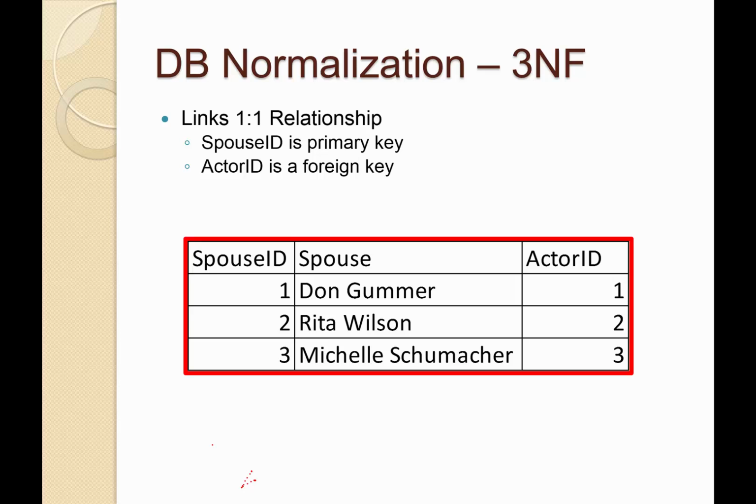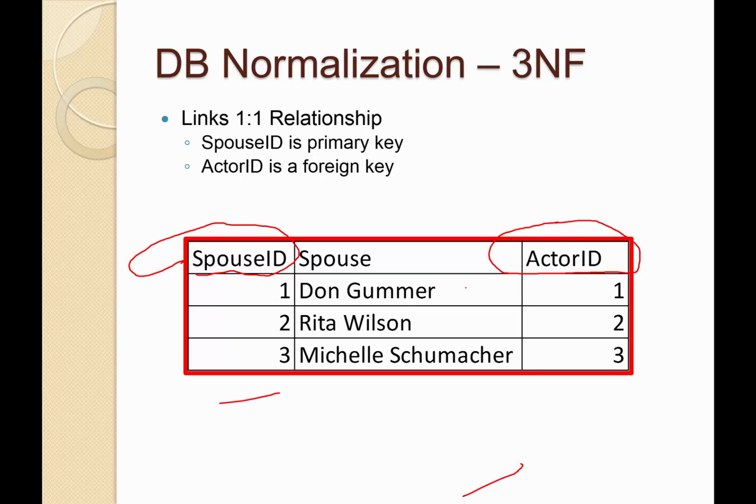Okay, so then, for example, if you look at the one-to-one relationship, we have spouse ID as the primary key, and it's typically going to be in the leftmost column. So we have spouse ID here, and then we have actor ID as a foreign key, and that's just going to be a copy of the primary key from actor.